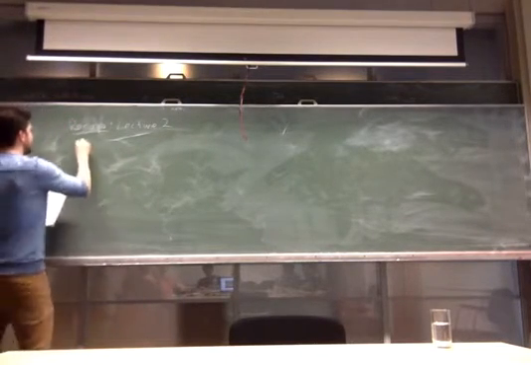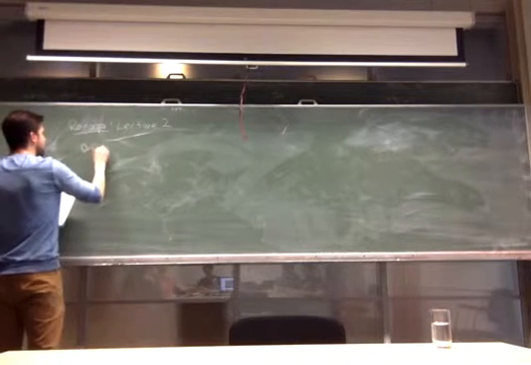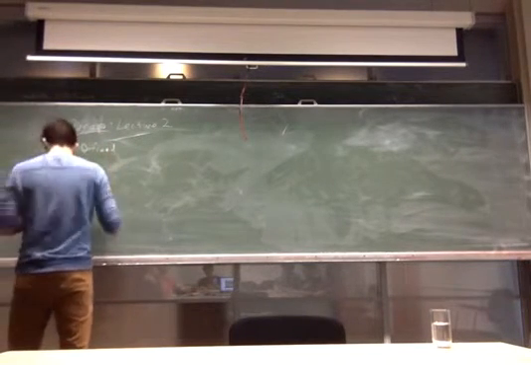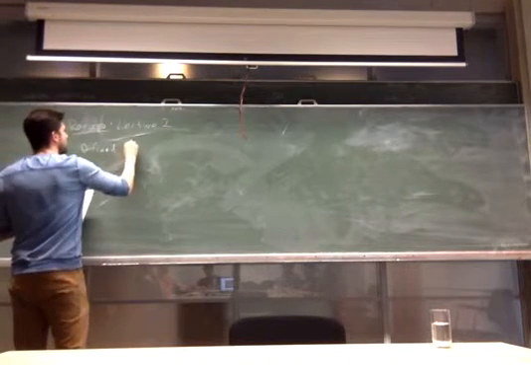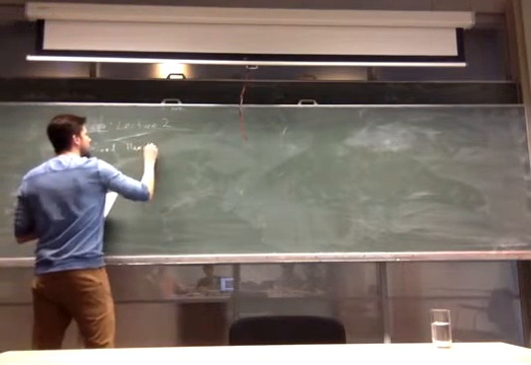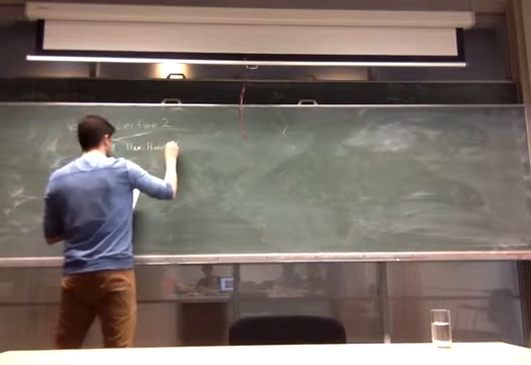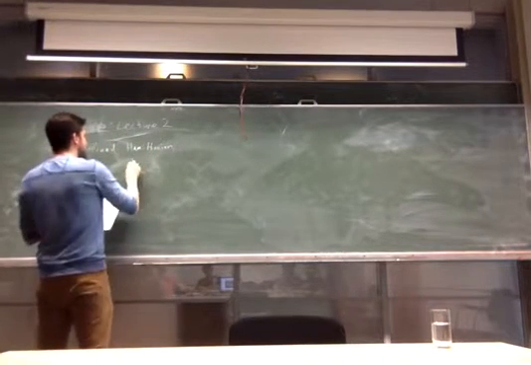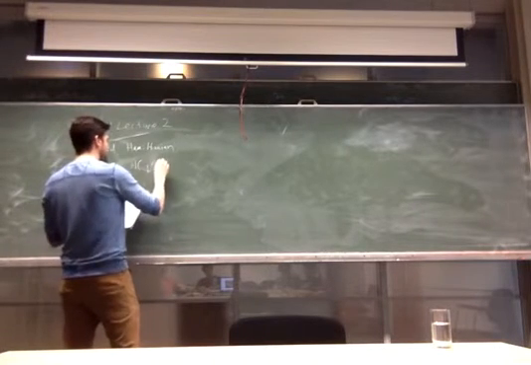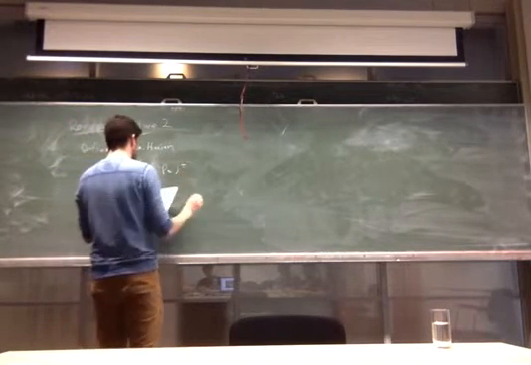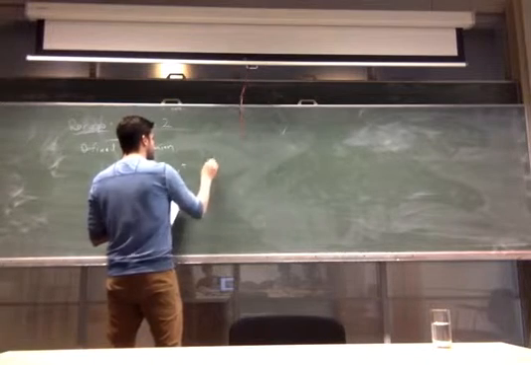And when we did that, we defined a Hamiltonian, which was just a kind of Legendre transform of the action.